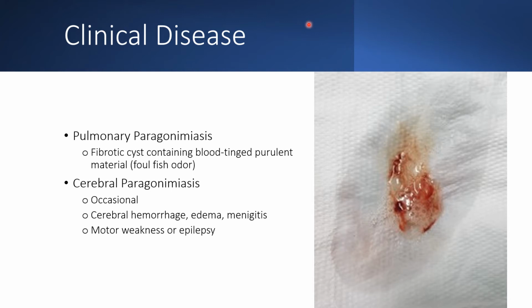Aside from pulmonary, it is also capable of causing extrapulmonary paragonimiasis. The riskiest is when it affects the brain, or the central nervous system, causing cerebral paragonimiasis.